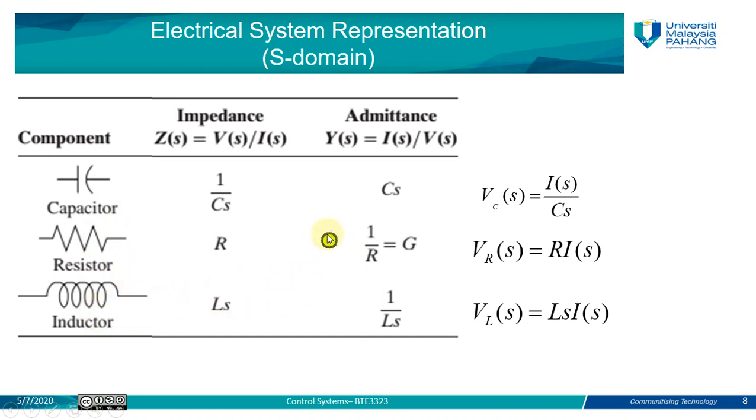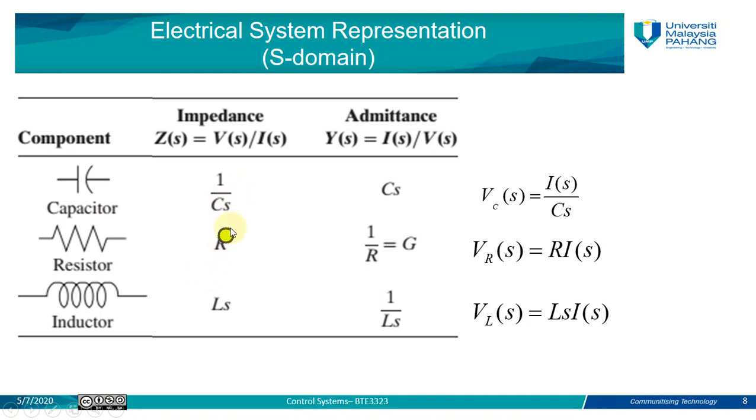In this table, we will see them in the S domain. The first is the impedance. As we learned before, the reactance of the capacitor, XC, is equal to 1 over j omega C, or equal to negative j over omega C.